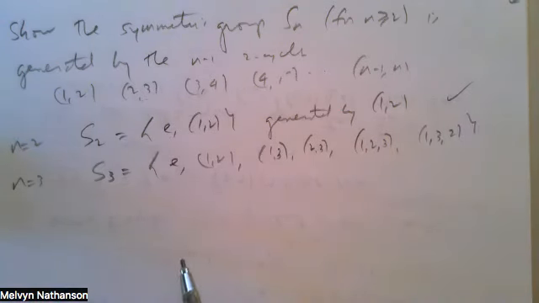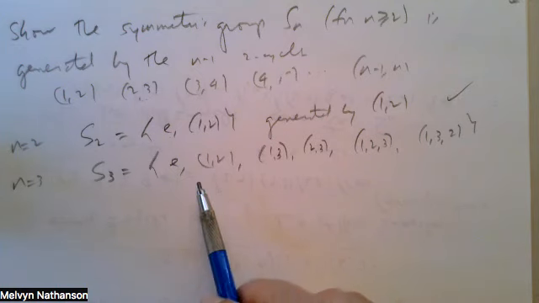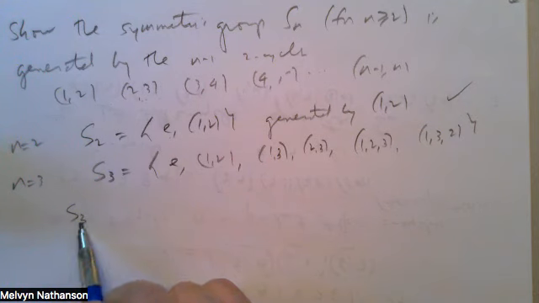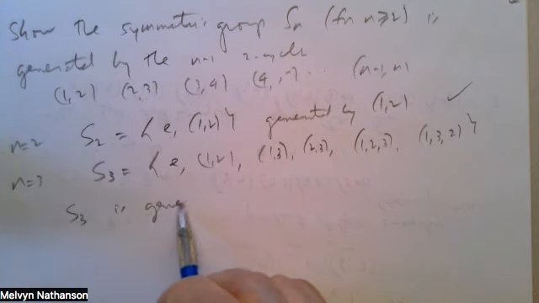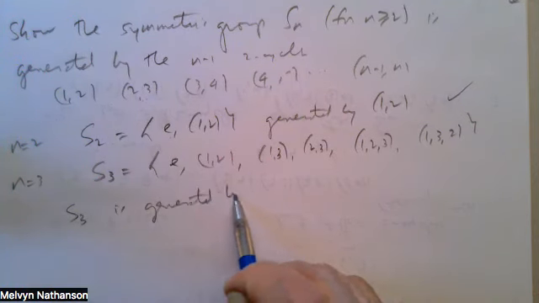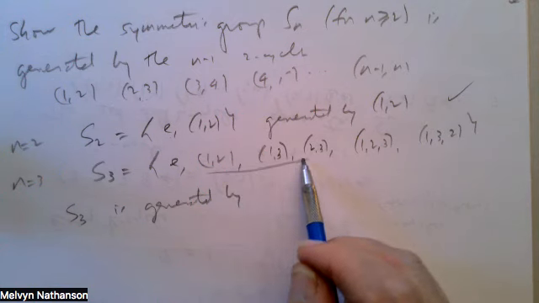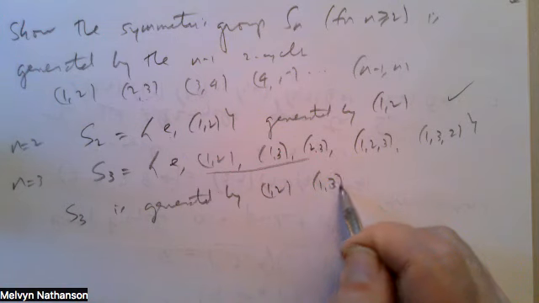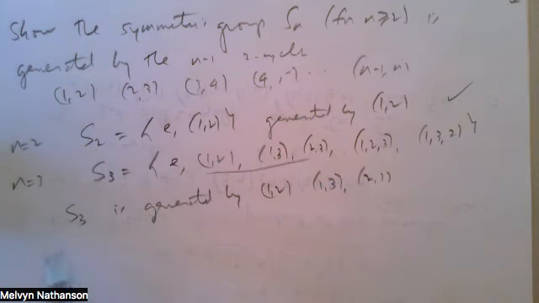That's what the group S3 is. And we know that S3 is generated by just the 2 cycles, 1, 2, 1, 3, and 2, 3.